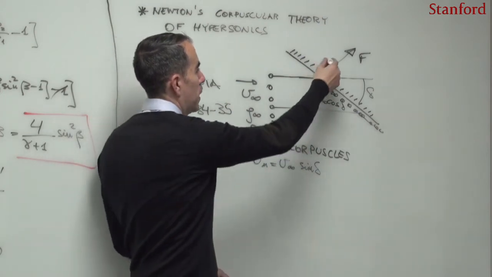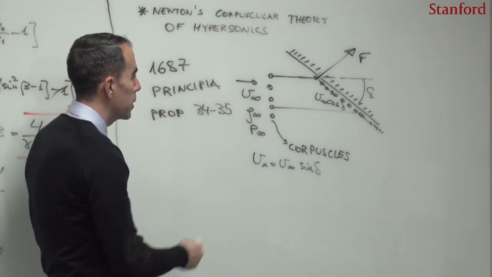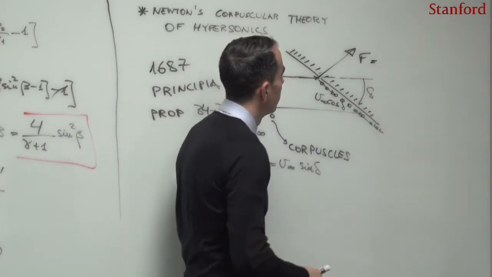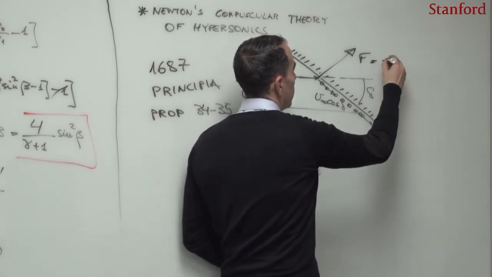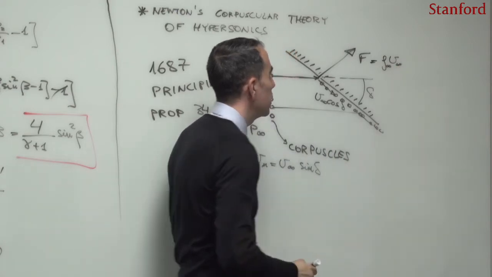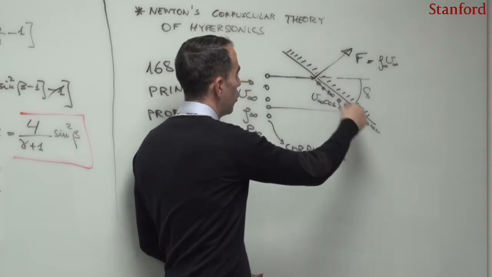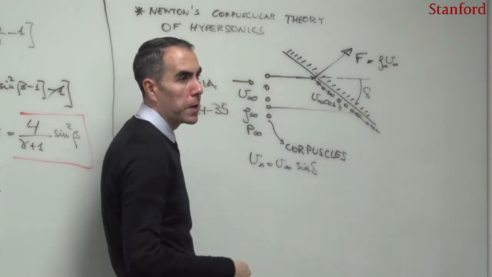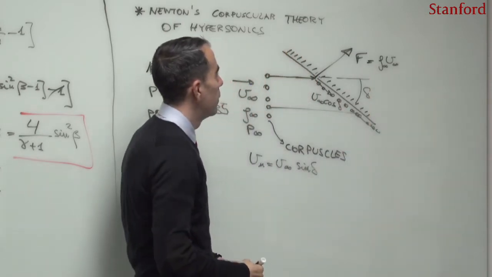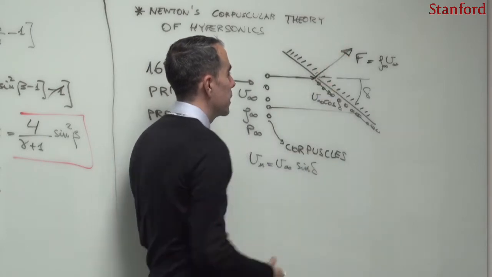Well, if one tries to calculate that force, just by looking at this figure, this force is going to be equal to the density rho infinity multiplied by the velocity u infinity, right? That will be the momentum per unit volume of the entire cloud of corpuscles here, and then multiplied by the flux of volume towards the surface.